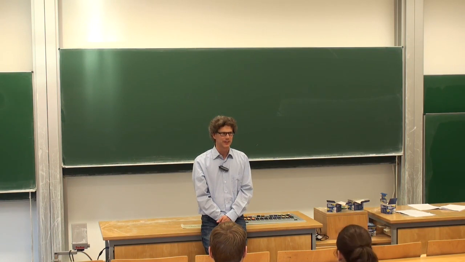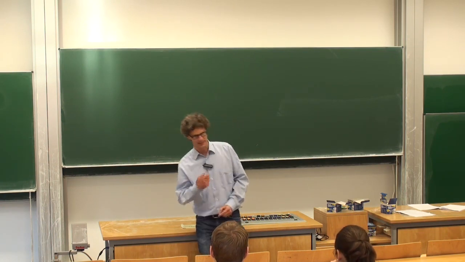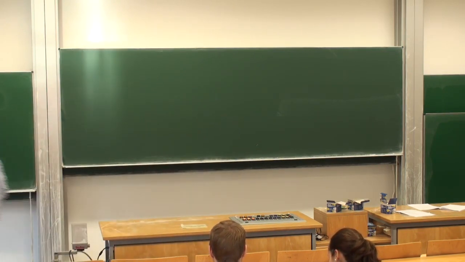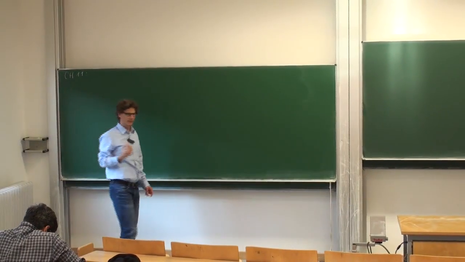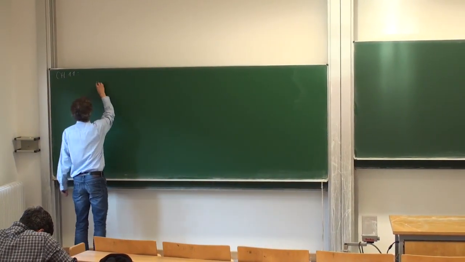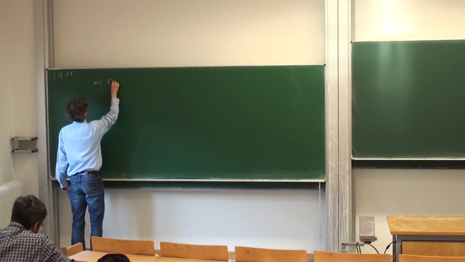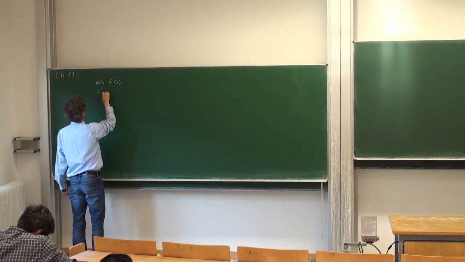What I want to repeat is which setting we are looking at. We are in chapter 11. And we are looking at one specific optimization problem, namely one with equality constraints.